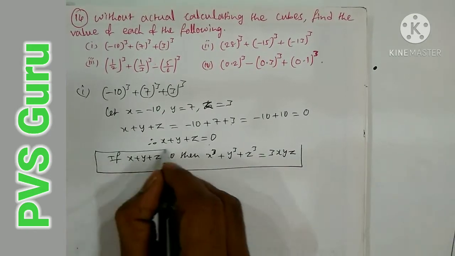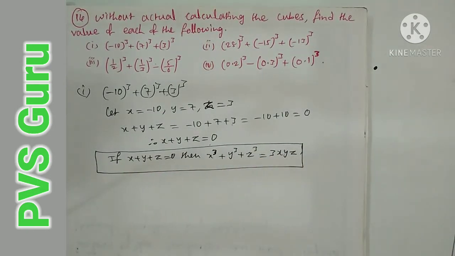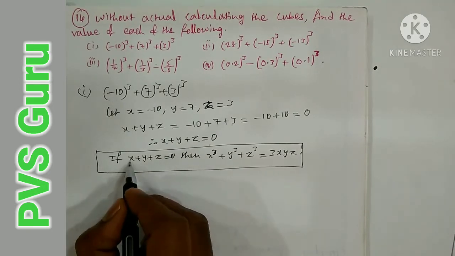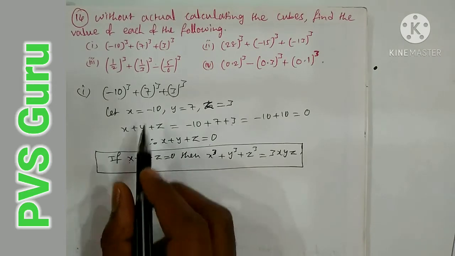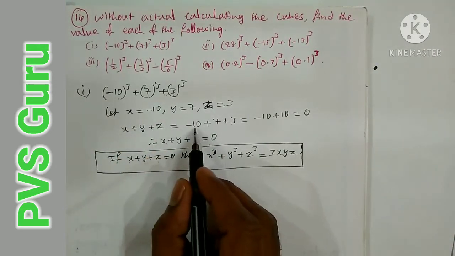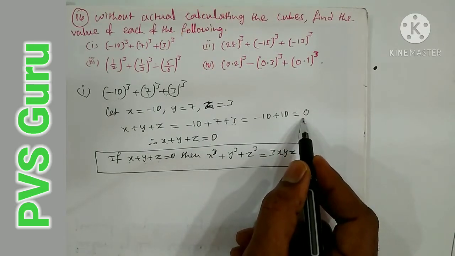Let it be a formula. So here x value is minus 10, y value is 7, z value is 3, and the sum of these three values is 0.